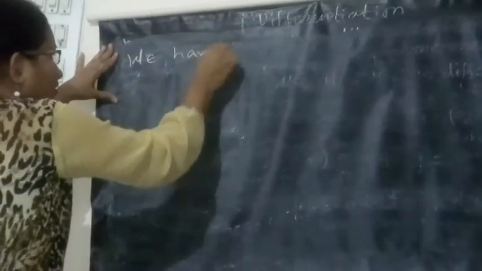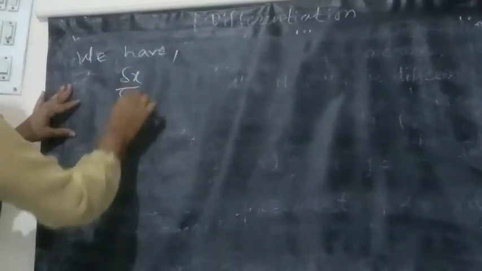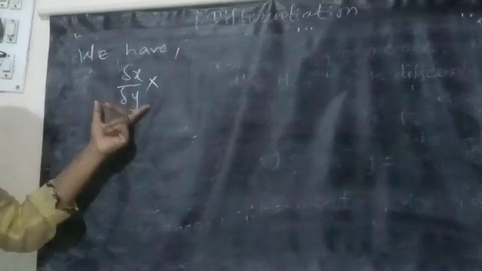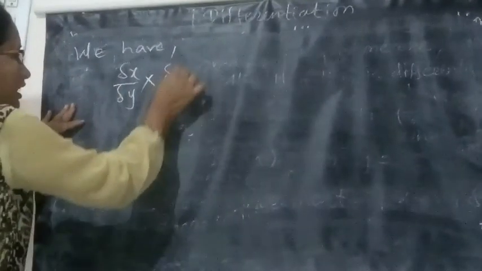If delta x and delta y are not equal to 0, then we have delta x upon delta y into its multiplicative inverse delta y upon delta x is equal to 1.